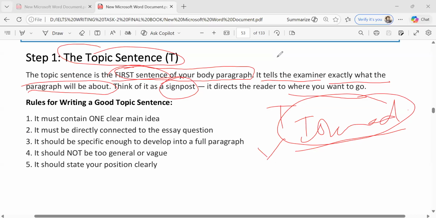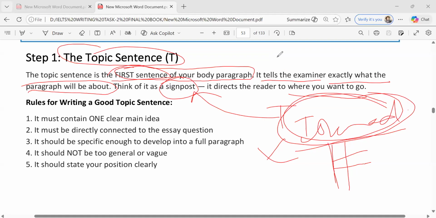Now I have given you the direction where I want to go. On the way, how many stops will be there, clear? Or whatever we will do until we reach. In between that, this is your signpost, the place where we are heading, that's Islamabad. That's your topic sentence. That's quite clear.